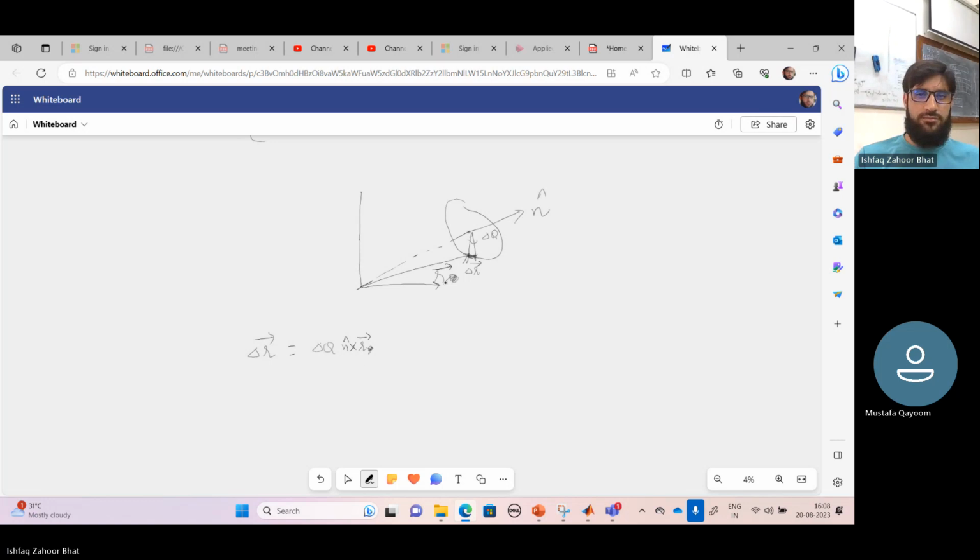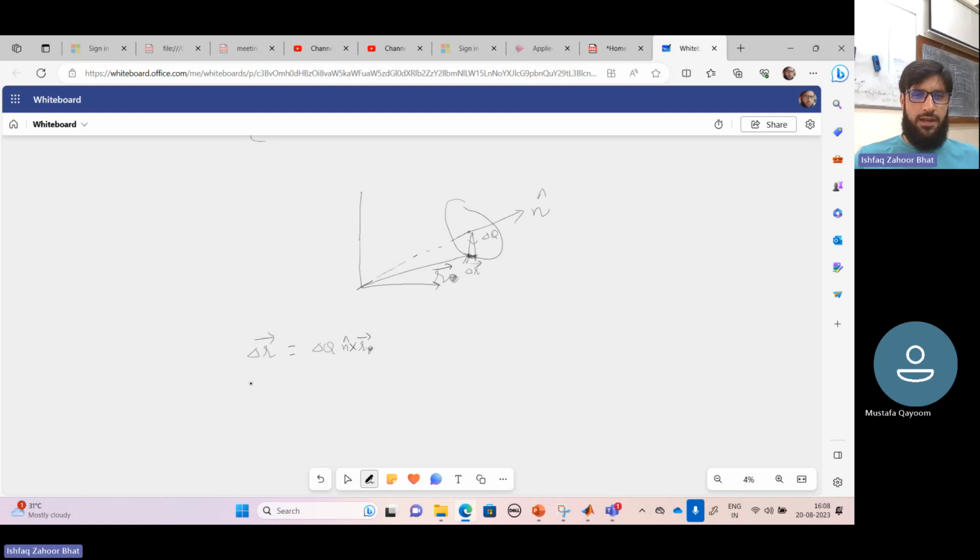So the magnitude of delta R will be R delta theta, but the direction will be the same as n cross R, which is tangential to this circle.